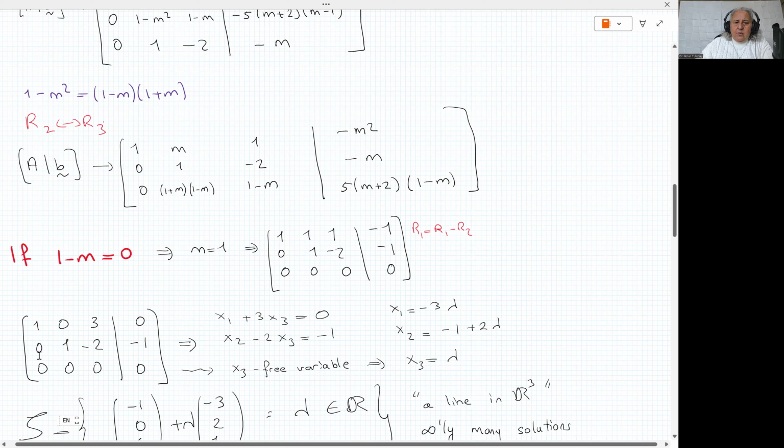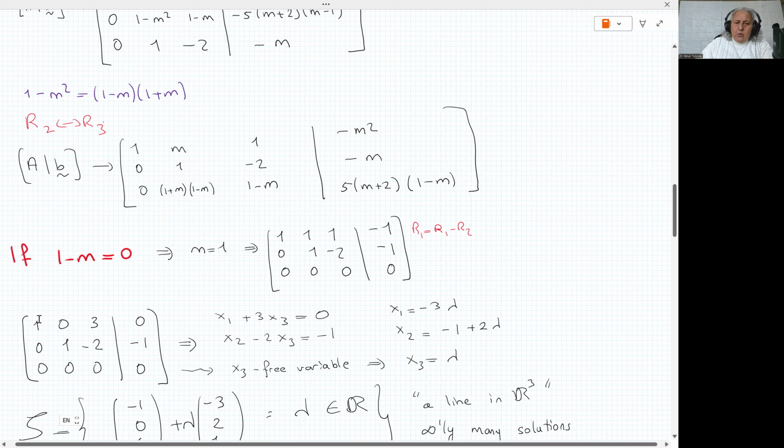As we see, there's an identity element here. We have leading coefficients for x1 and x2. And x3 has no leading coefficient, so x3 has to be the free variable. And the last row also says that x3 is free, right?